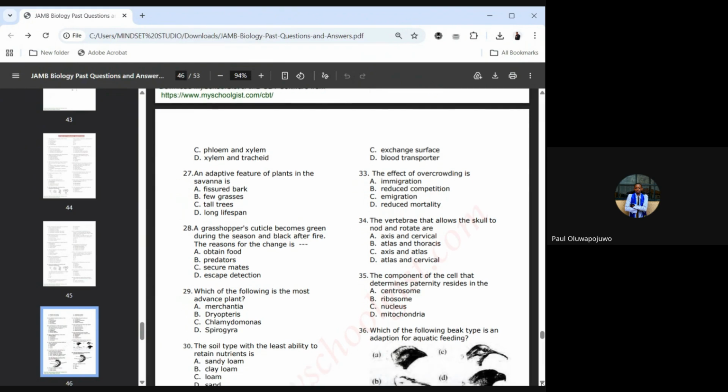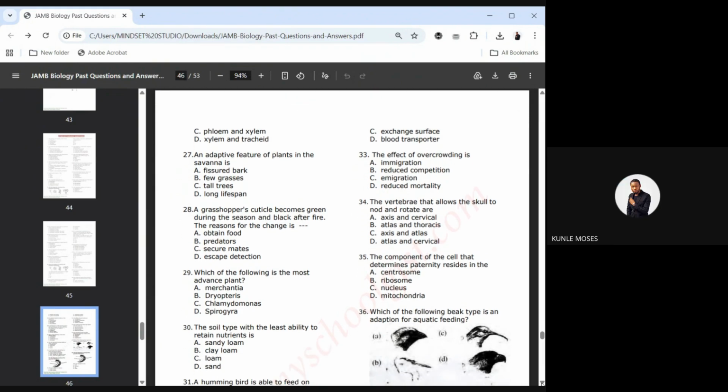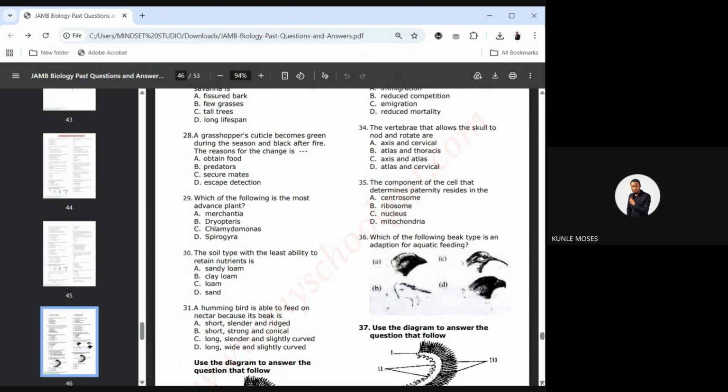Atlas and Axis. The component that determines paternity resides where? The nucleus. Ribosome. I gave you this diagram to remember. Okay, nucleus.